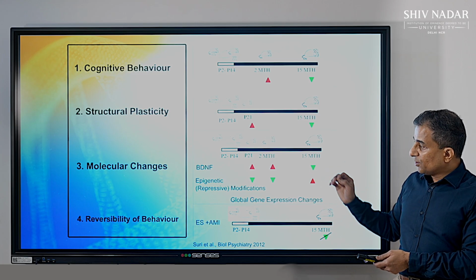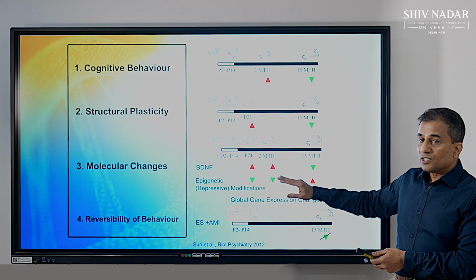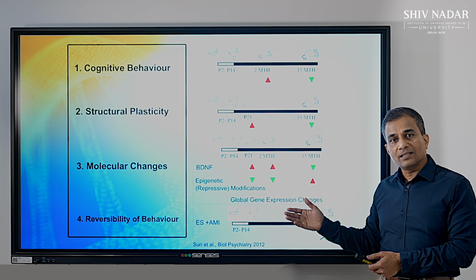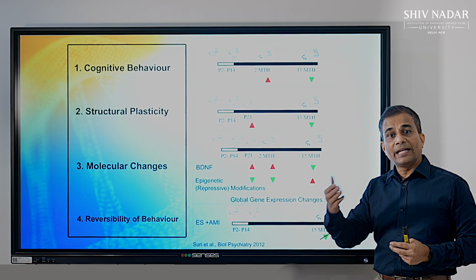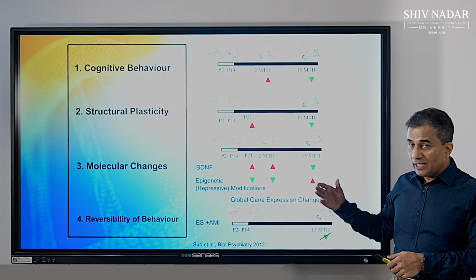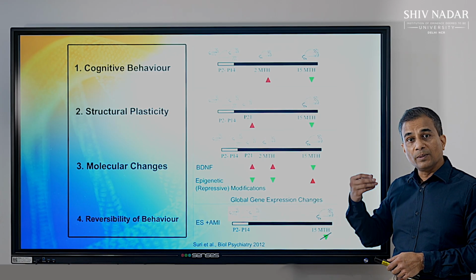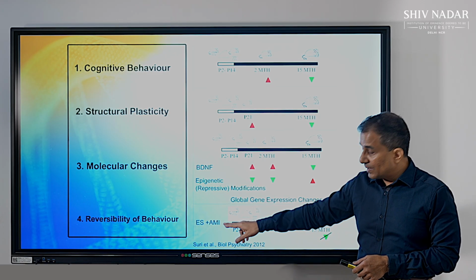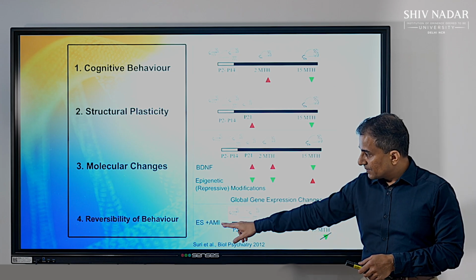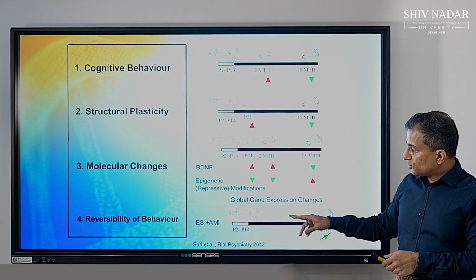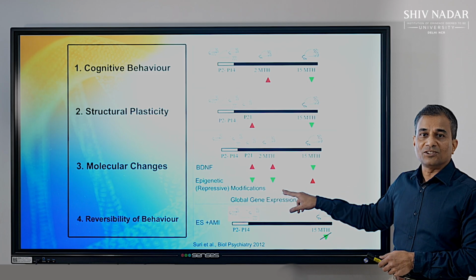And then the most important experiment here was, can this be reversed? Because if it's epigenetic, you have readers, you have writers and erasers, so you should be able to erase this information. So indeed behaviorally if you can intervene, or if you provide drugs. So in this case, one antidepressant drug was provided to the animals, and that drug treatment, shown here, also leads to erasure of these epigenetic signatures.